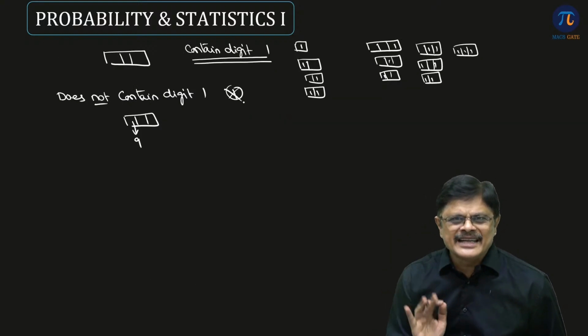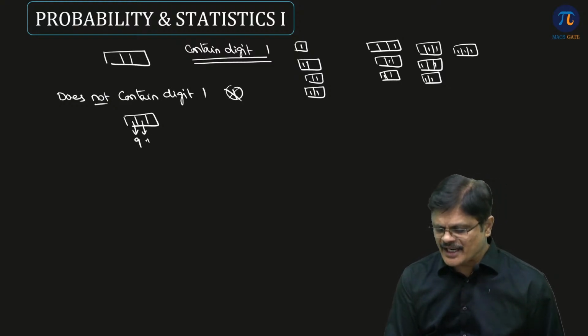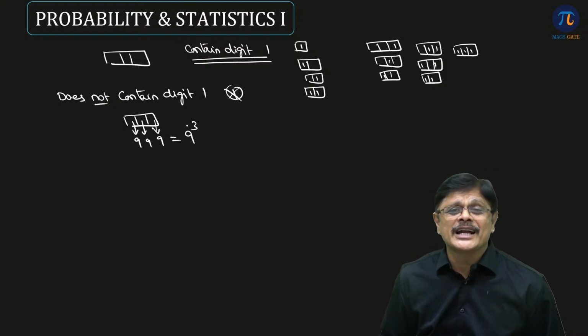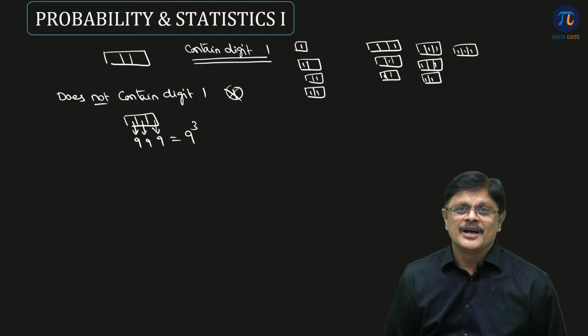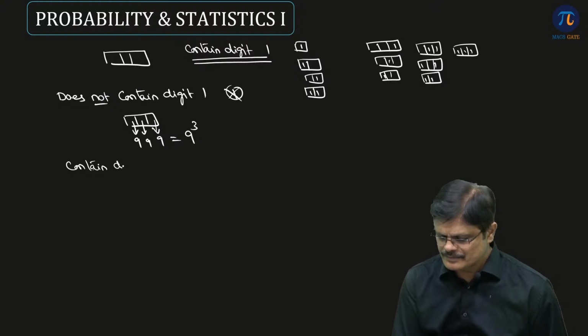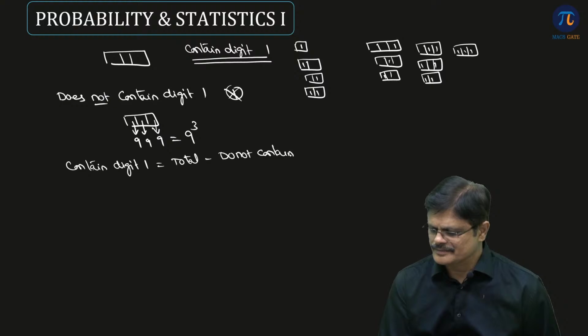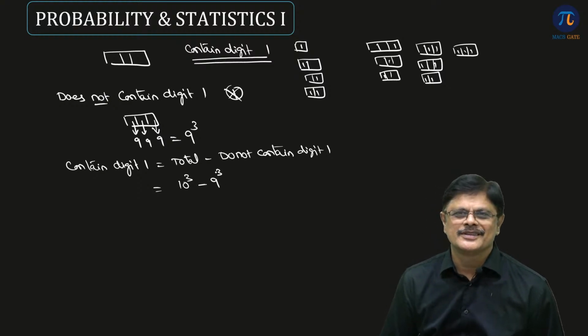Only 9 digits are used. By allowing leading 0, there are 9 choices here, 9 here, 9 here, total 9 cube. So how many do not contain the digit 1? 9 cube. Now how many contain the digit 1? Total minus do not contain digit 1. That is 10 cube minus 9 cube.